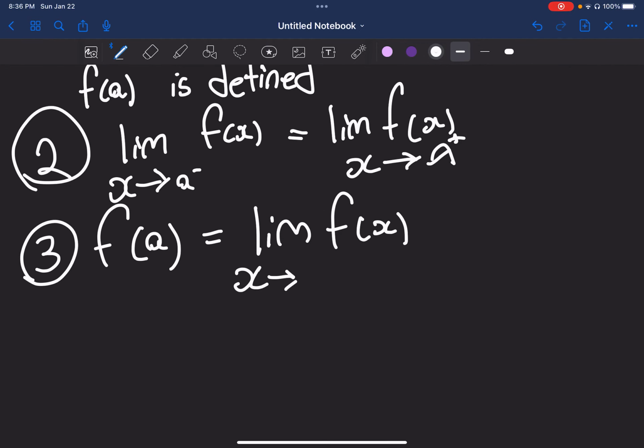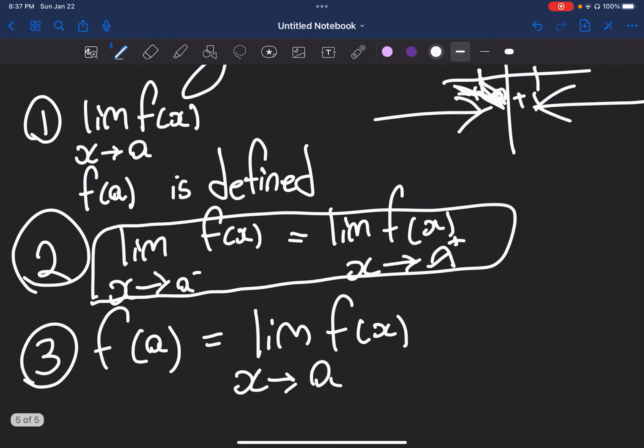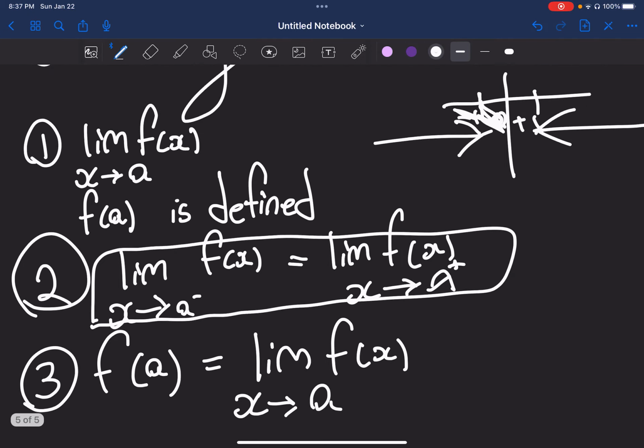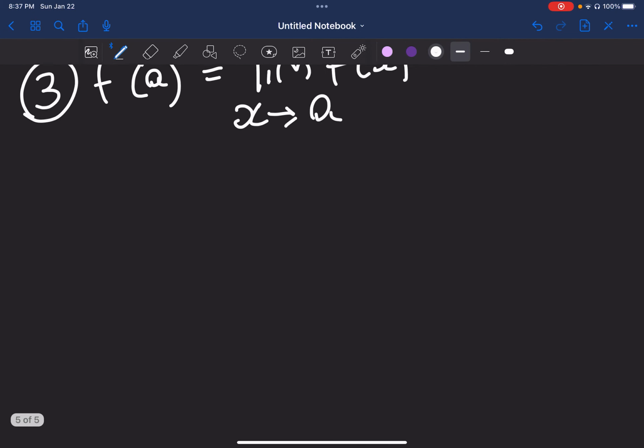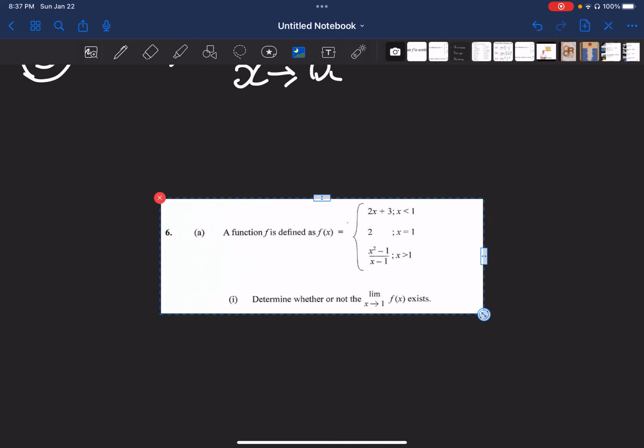This time we're not talking about direction, because since these two should be the same, we can just call it a. So the first step we checked was if it was defined, and f of a should be equal to the limit of f of x as x tends to a. So let's get into a past paper question.